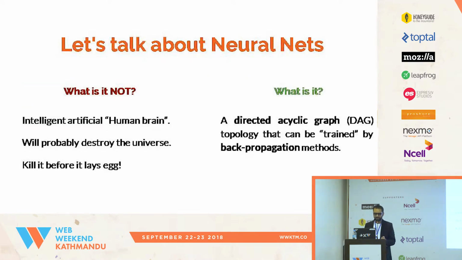Talking about neural nets, I'm really sorry, but they are not a model of the human brain. The way media is depicting it as simply an artificial human brain, it's not, because the human brain is an incredibly complicated architecture, and we all know that. What can be said is that neural network architectures are actually a directed acyclic graph, which can be trained through a method called backpropagation.